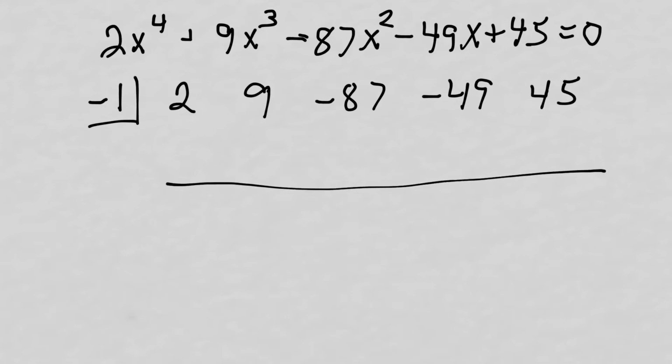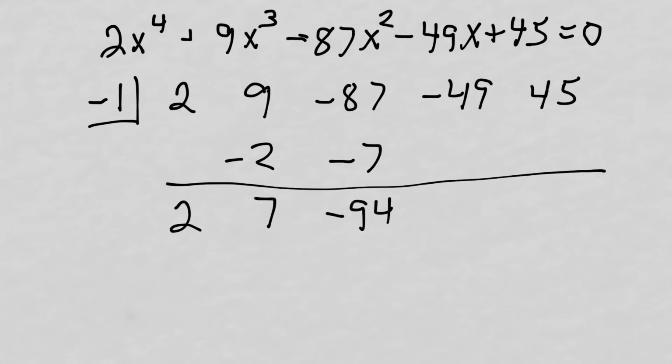Let's do this. We bring the 2 down. Negative 1 times 2 is negative 2. That gives us 7 when we add them together. Negative 1 times 7 gives us negative 7. We add those together, we get negative 94.